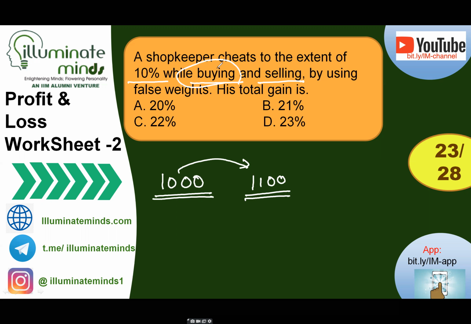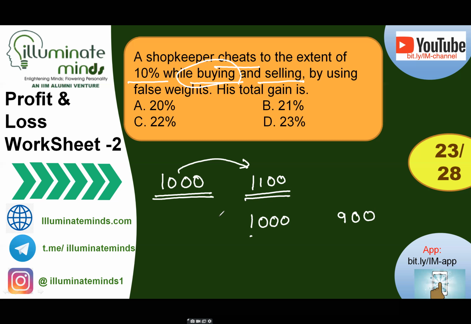Now while selling, when he sells 1,000 grams of rice, he cheats his customer and gives only 900 grams of rice. Since he has invested 1,000 rupees, he has got 1,100 grams of rice equivalent with him.